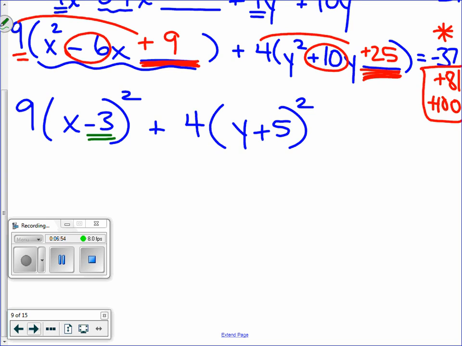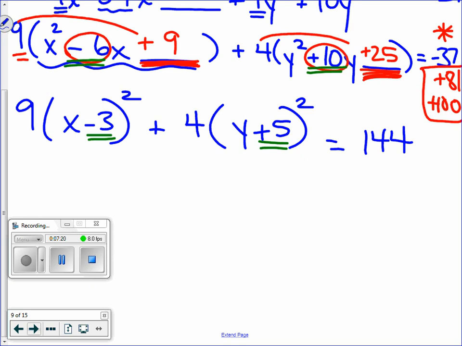The minus 3 is what I got when I divided that by 2. The plus 5 that's here is what I got when I divided this by 2. Those are the numbers that end up in those binomials that are squared. On the right side, I can now add those constants, negative 37, 81, and 100, and I get 144.